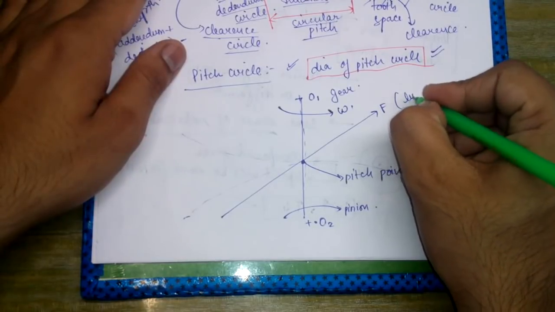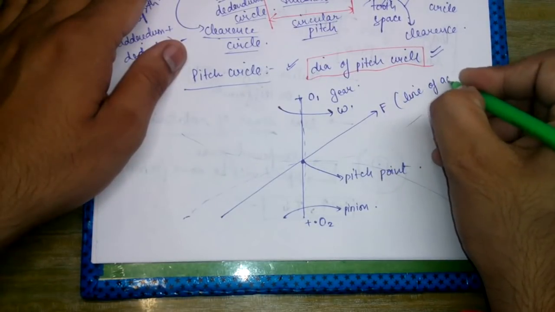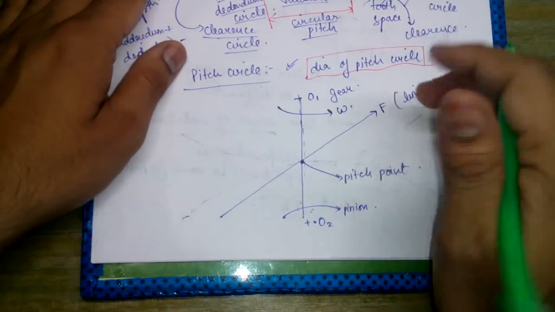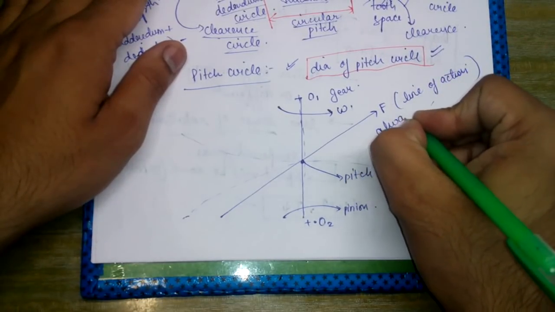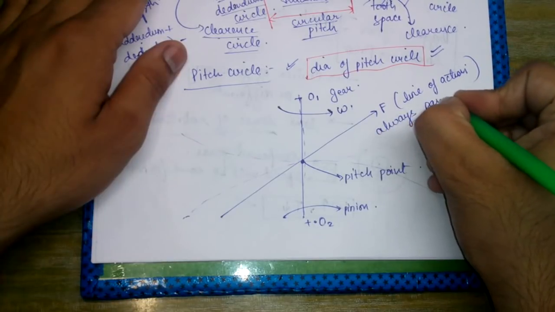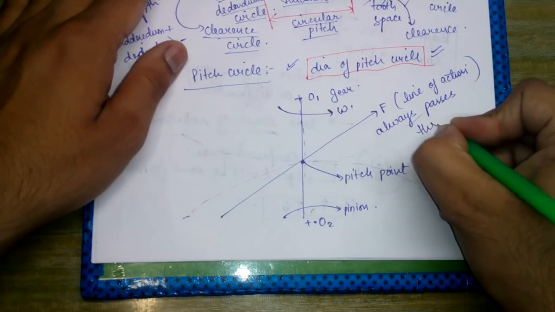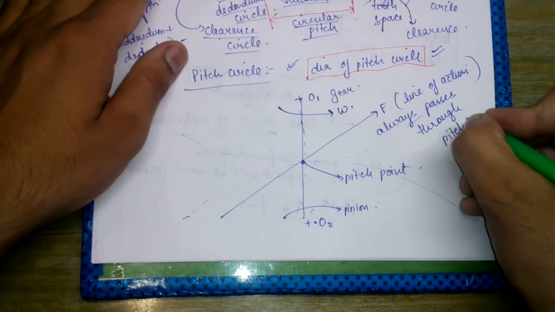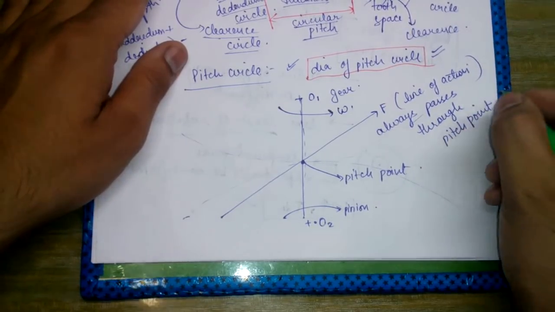This is called the line of action, and the line of action always passes through the pitch point.